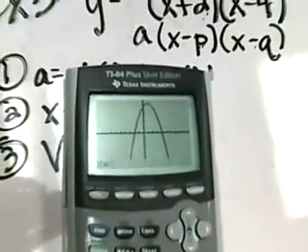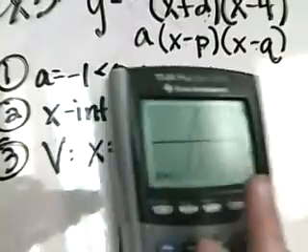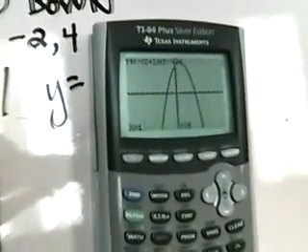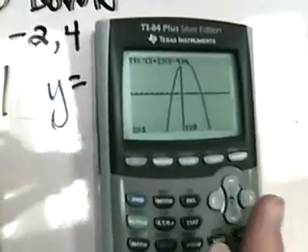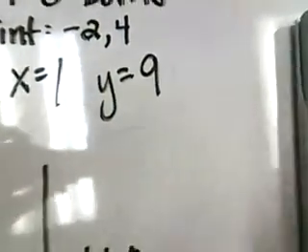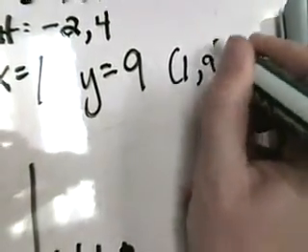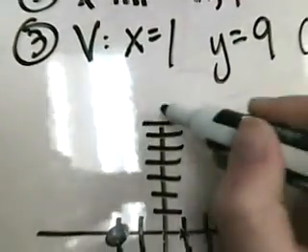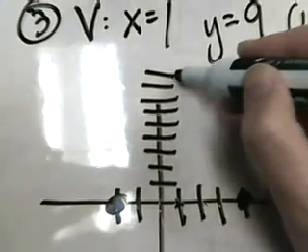Sorry about the glare. And what was my x-coordinate? My x-coordinate was 1. And they tell me my y is 9. Okay, so we're good. So 1, 9 is my vertex.